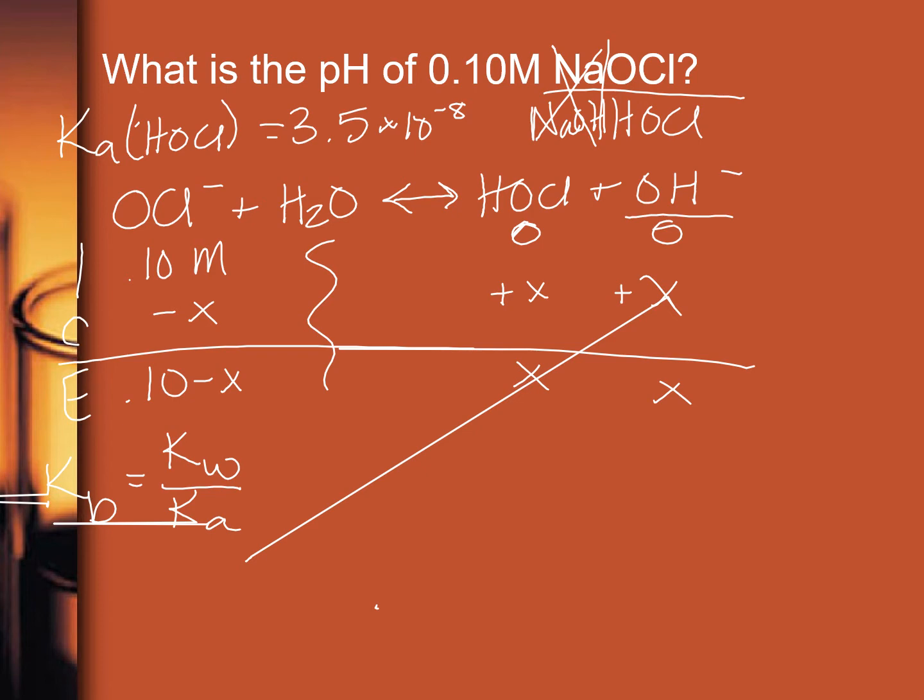So Kw divided by Ka, so 1.0 times 10 to the negative 14th divided by the 3.5 times 10 to the negative 8 gives us a Kb value of 2.9 times 10 to the negative 7th.